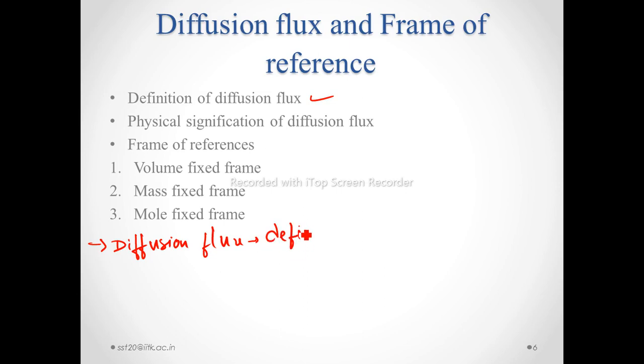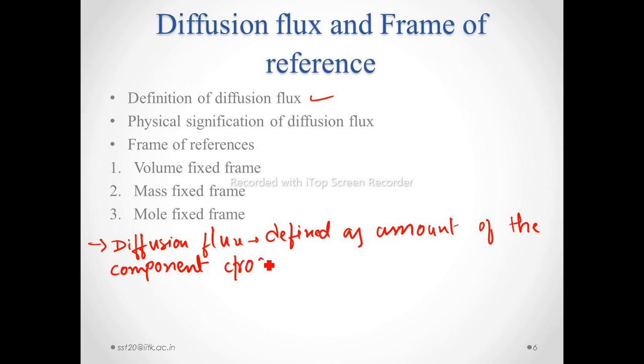Defined as amount of the component crossing per unit area, unit cross section of plane, per unit time.